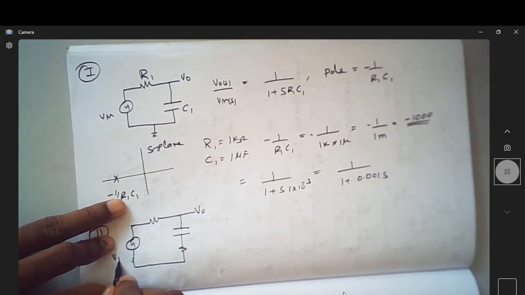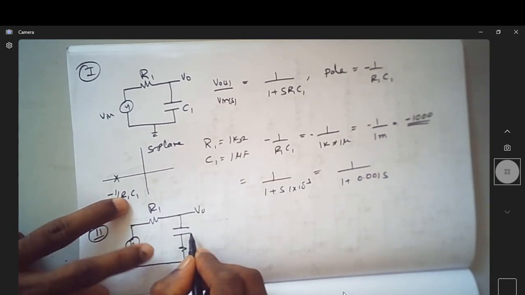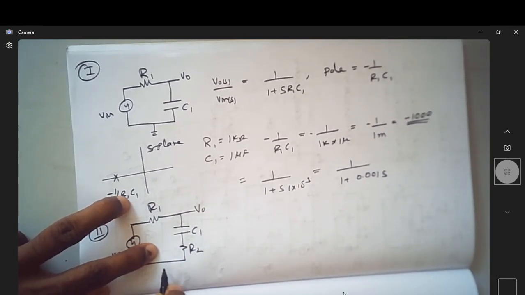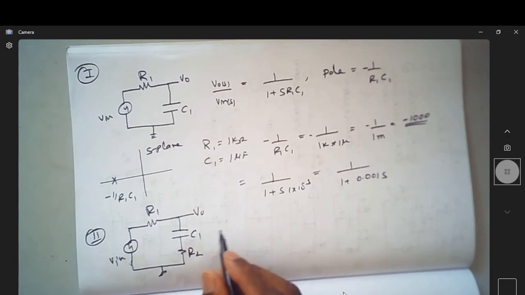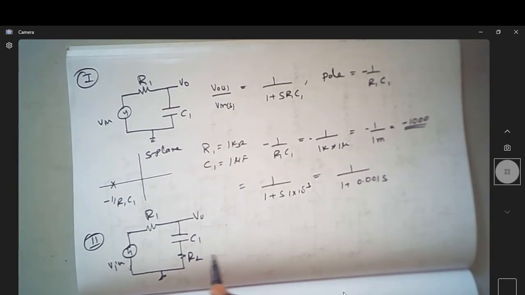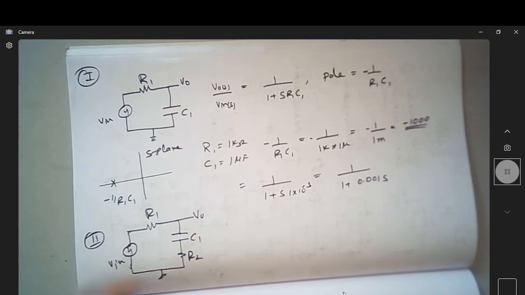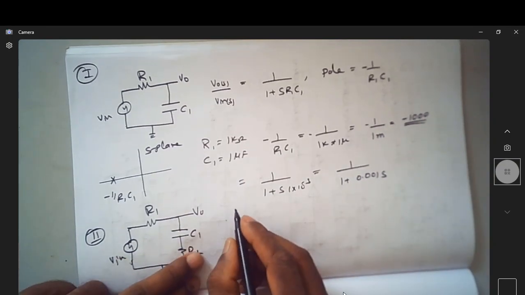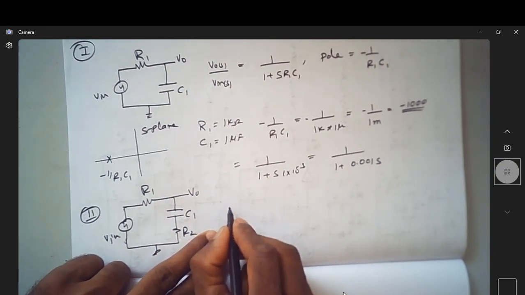This will help you to recap the things whenever you want to. This is V0, Vin, again this is R1, C1, R2, grounded. We know the transfer function: the addition of a resistance R2 in series with this capacitor will end up with a transfer function which we have already derived in the previous videos.